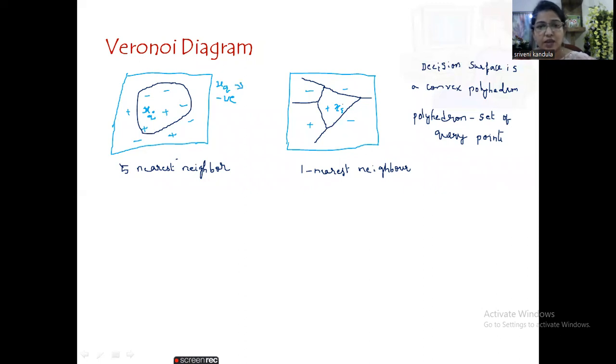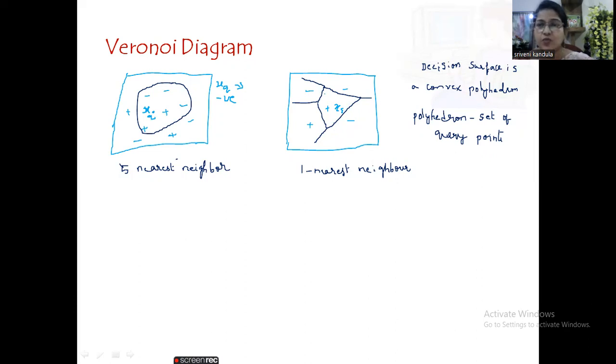Whereas in the one nearest neighbor, XQ is classified as positive. Here, if you see, the decision surface is a convex polygon. This convex polyhedron gives us a set of query points. Here XQ is my query point or the new instance, and that is indicated in my polyhedron.